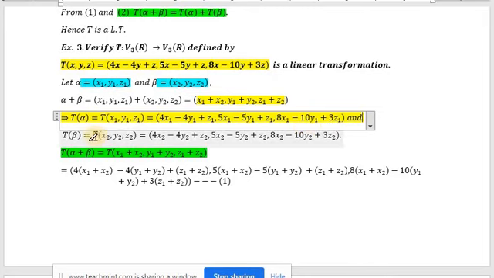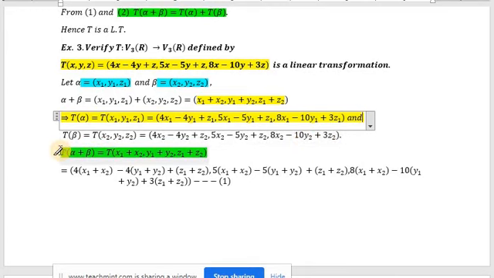Then similarly, T of beta is equal to T of (x2, y2, z2), which is equal to (4x2 minus 4y2 plus z2, 5x2 minus 5y2 plus z2, 8x2 minus 10y2 plus 3z2).